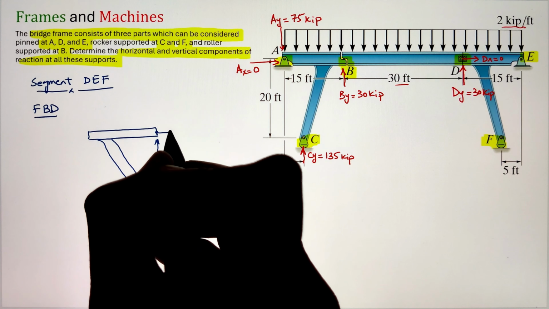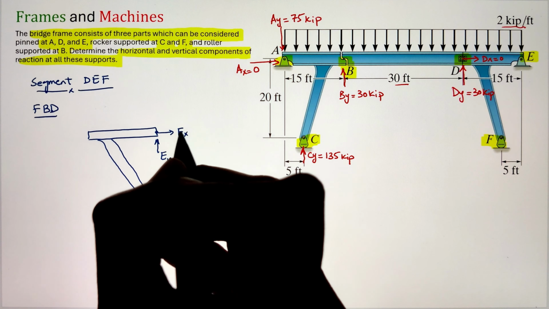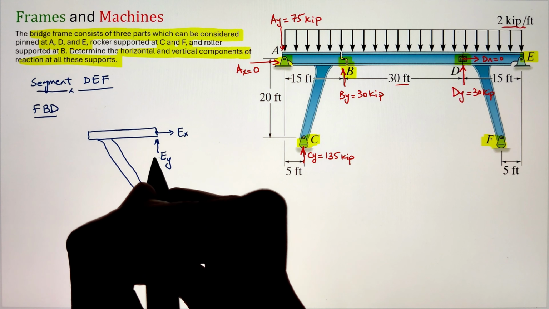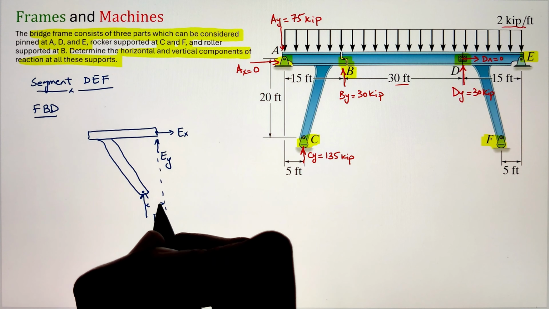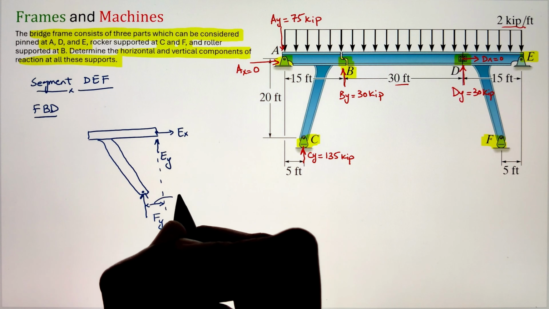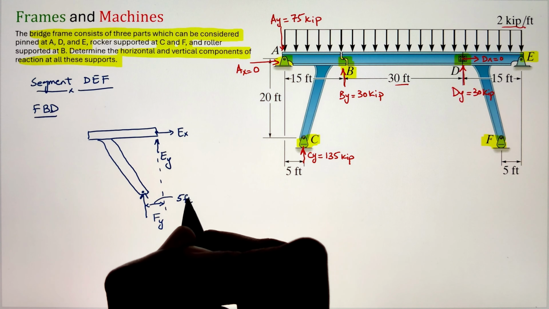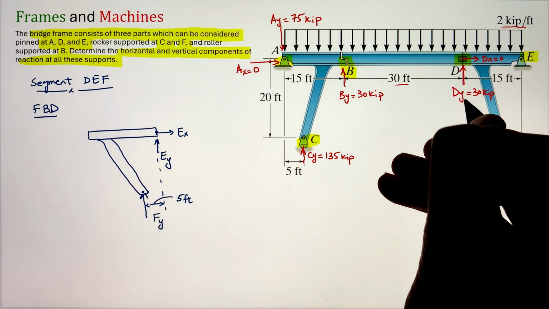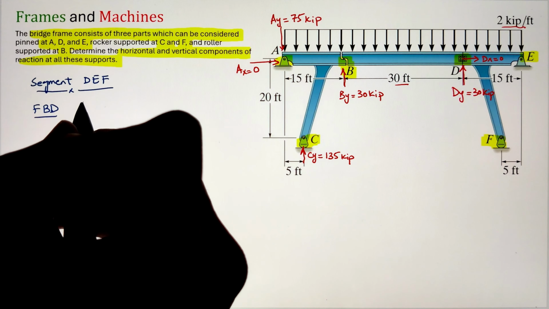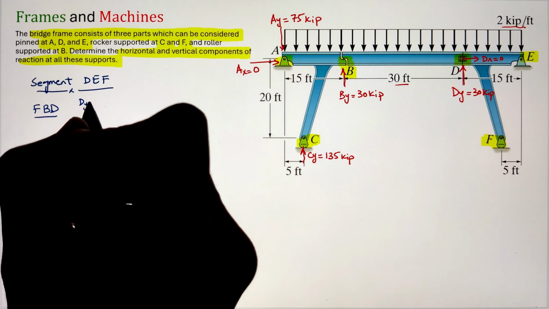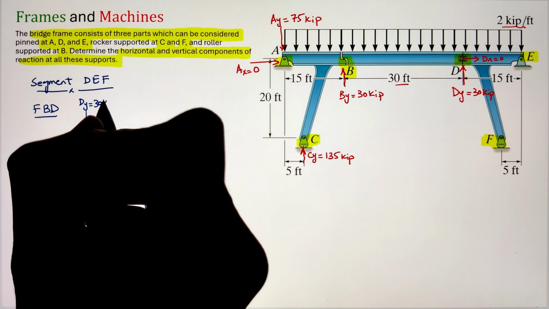Next, we had our pin at point D. Now, since this segment connects with the segment BD, and the reactions are internal forces at point D, once they combine together, they will cancel out. So our Dy should be going in the downward direction at 30 kip, where Dx was equal to 0.